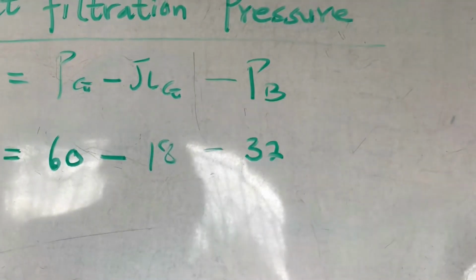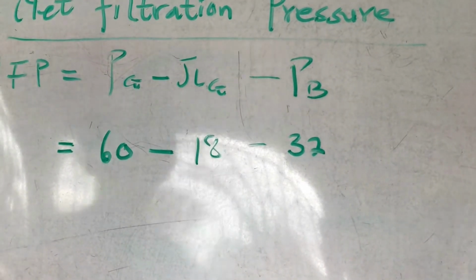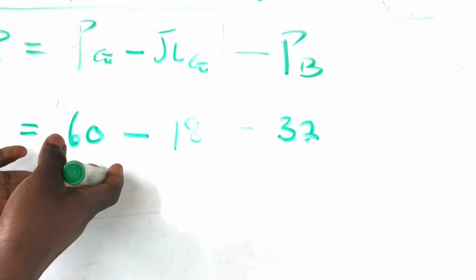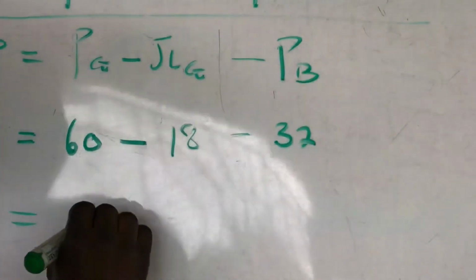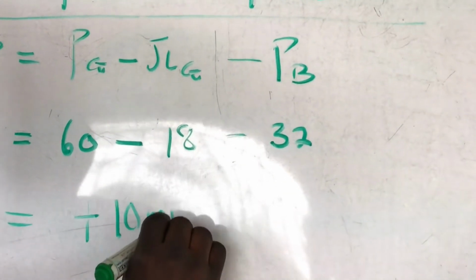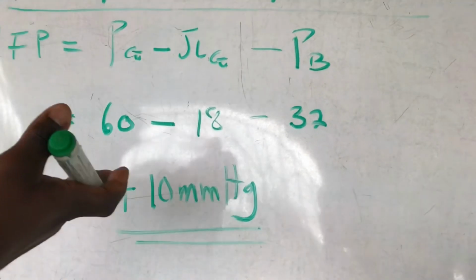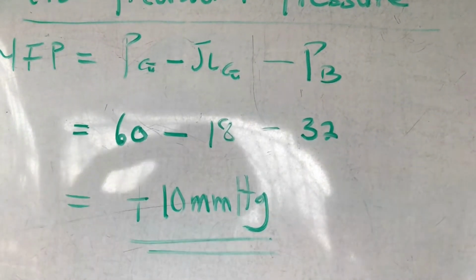I've told you that the oncotic pressure in the Bowman is 0, and I've explained why. By simple calculation, the net filtration pressure will be 60 minus 18 minus 32, which is positive 10 millimeter mercury. That's the unit of the pressure. The net filtration pressure of a healthy man is 10 millimeter mercury.